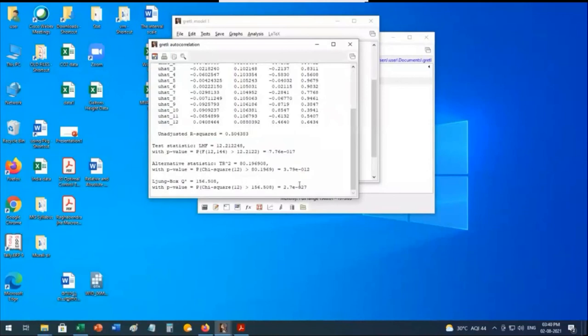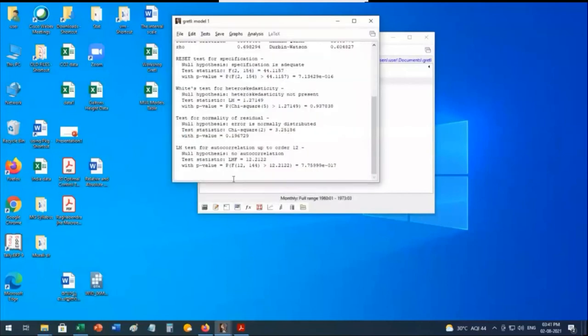We are rejecting the null hypothesis. What is the null hypothesis? No autocorrelation. That we are rejecting. That means there is autocorrelation up to the 12th lag, not just 1 lag, just like our Durbin-Watson statistic. So one of these results is reported below the regression results, autocorrelation with the null hypothesis, no autocorrelation, and the p-value.